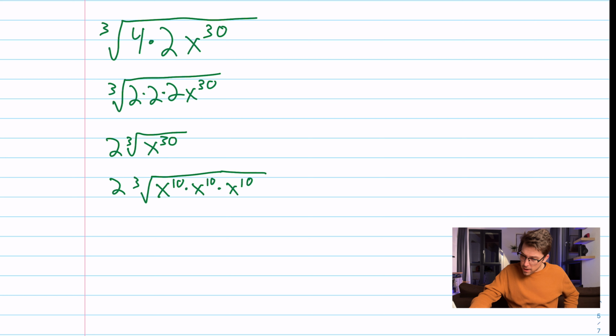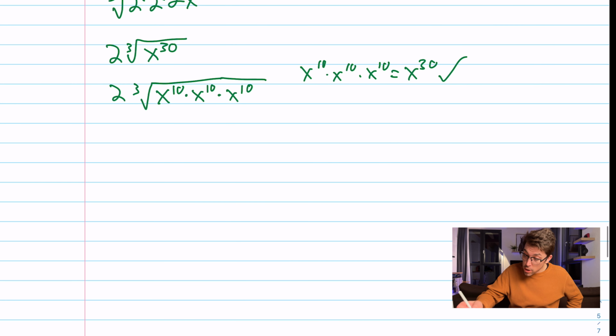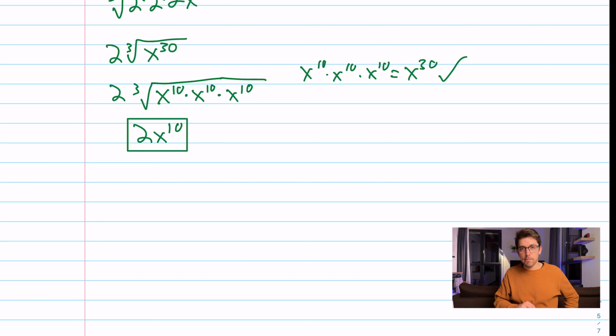But you can see that if we actually broke this up, I have 3 of the same exact things here. Because remember, x to the power of 10 times x to the power of 10 would be x to the power of 20. Then x to the power of 20 times x to the power of 10 would be x to the power of 30. So I know that I now have 3 of the same things inside the radical, so I can pull one out to the outside. I'm now left with 2 x to the power of 10, and that's it.